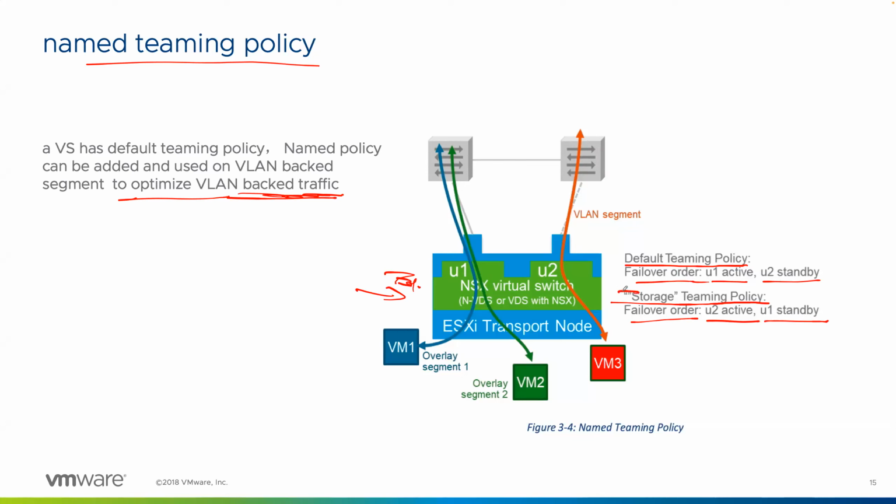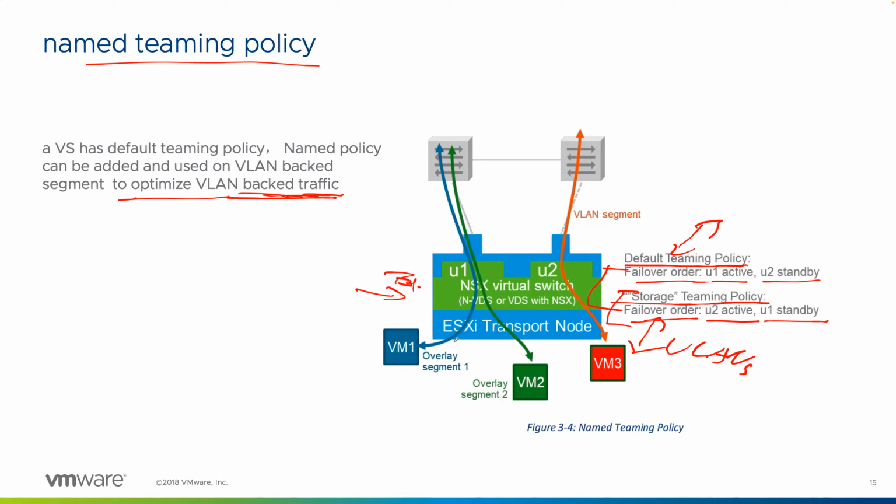That means for some specific VLAN, we use this policy. But for the rest of the traffic, we use the default policy. This is the difference in between.